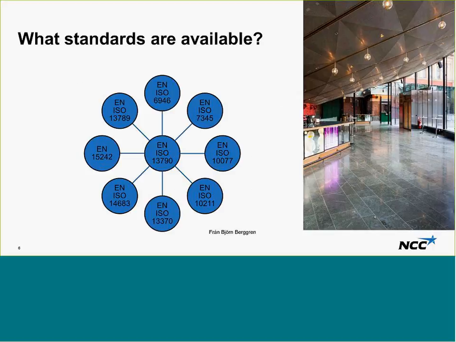There's quite a few standards involved here. Here we have EN ISO 13790, which is about energy calculations. And around this standard, we have a bunch of different standards which can affect the energy use. We're going to go through a little bit of these standards and what they say and which ones are most important for thermal bridge calculations.